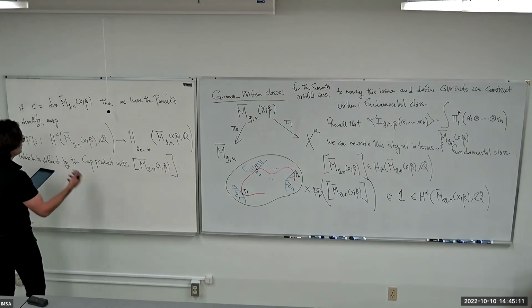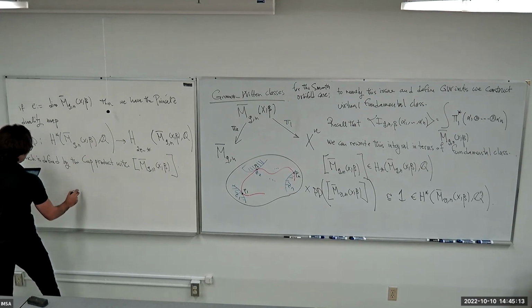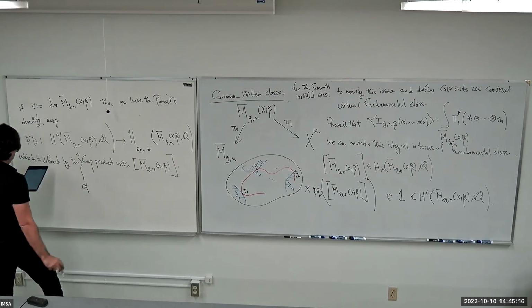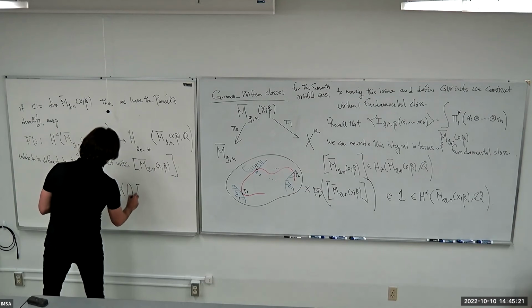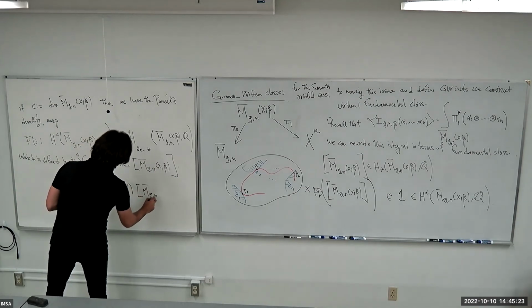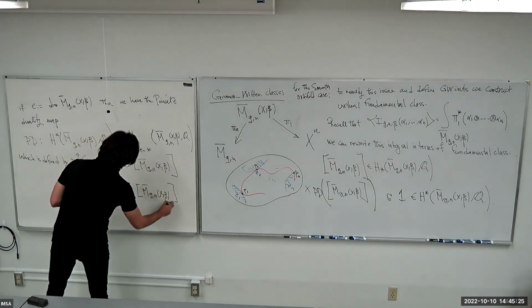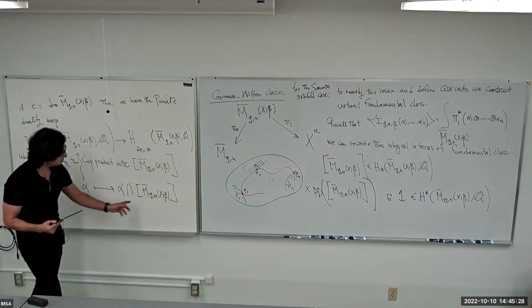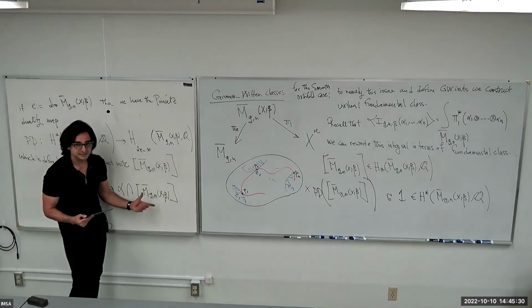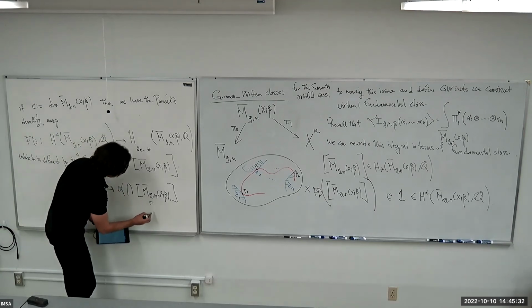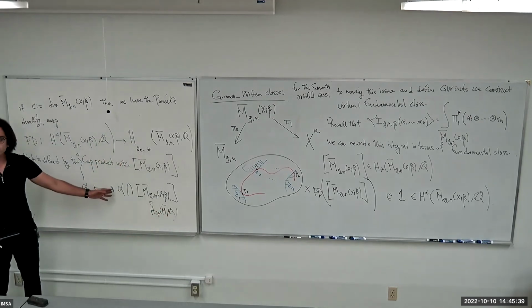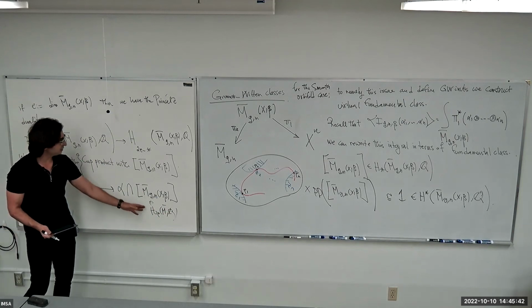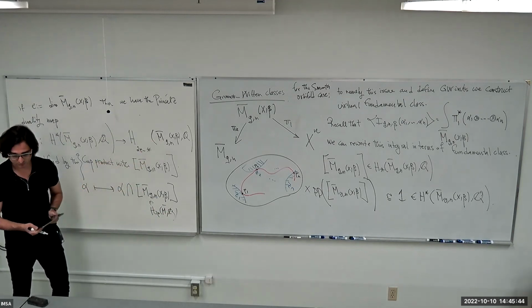So if you have a class in here, alpha, alpha gets mapped to alpha intersected with the fundamental class of M bar g,n X, beta. The fundamental class of M bar g,n X, beta is sitting in degree H2E of the moduli space with rational coefficients. Whatever the degree of this thing is, degree star, you will get an element in 2E minus star because it's a cohomology degree.